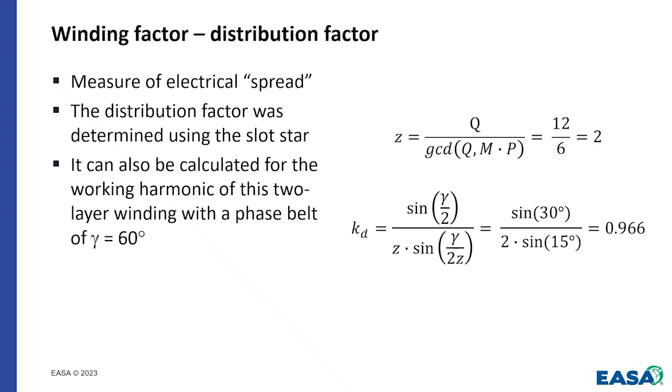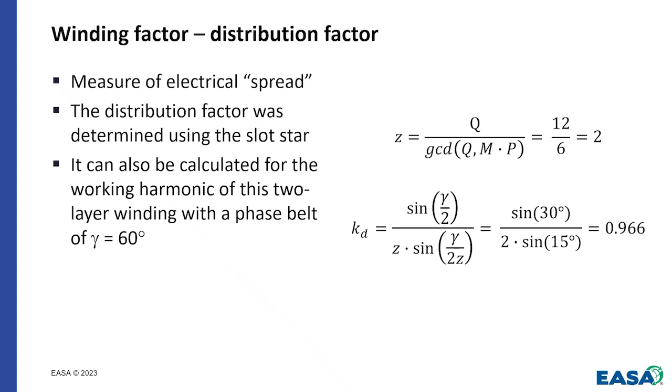And because you don't have to have as many turns, you can use more copper in each turn and therefore reduce your winding losses. So you get basically more effective coils that way. So yeah, I wanted to include this on calculating that distribution factor, but again, programs will do that for you.